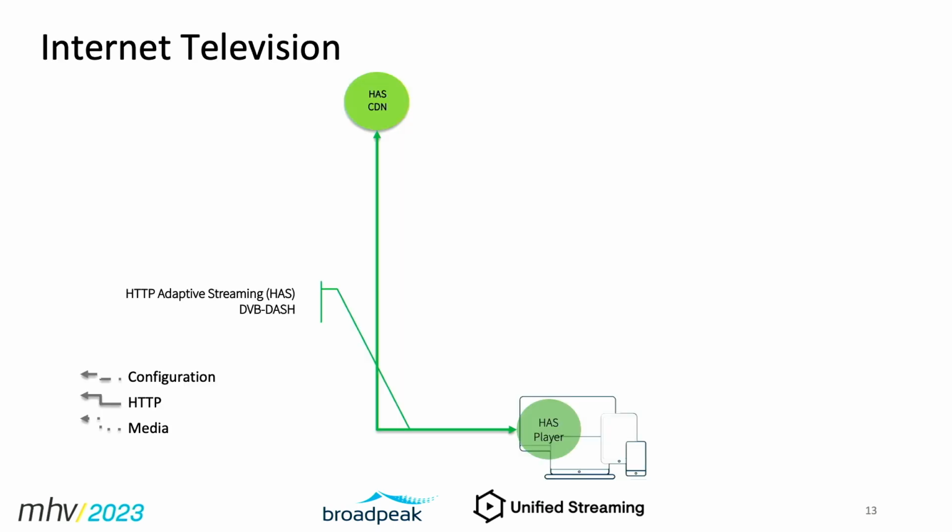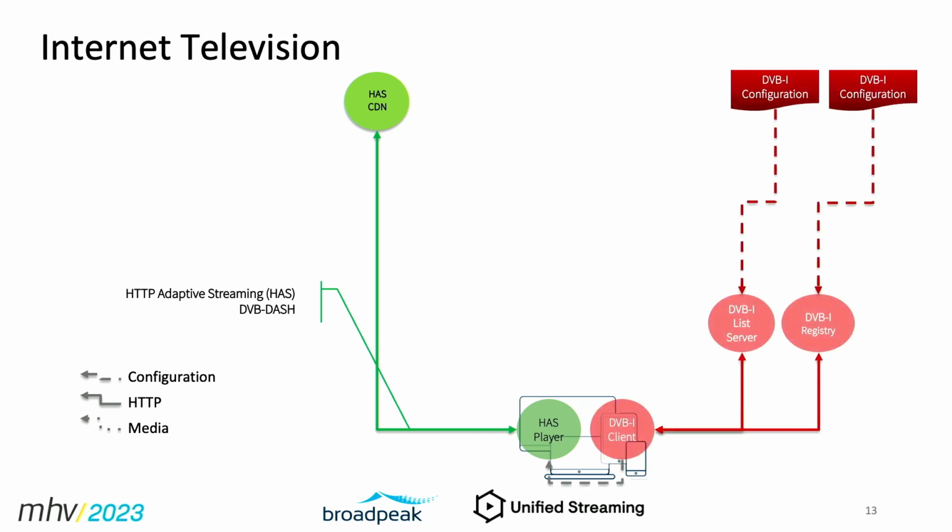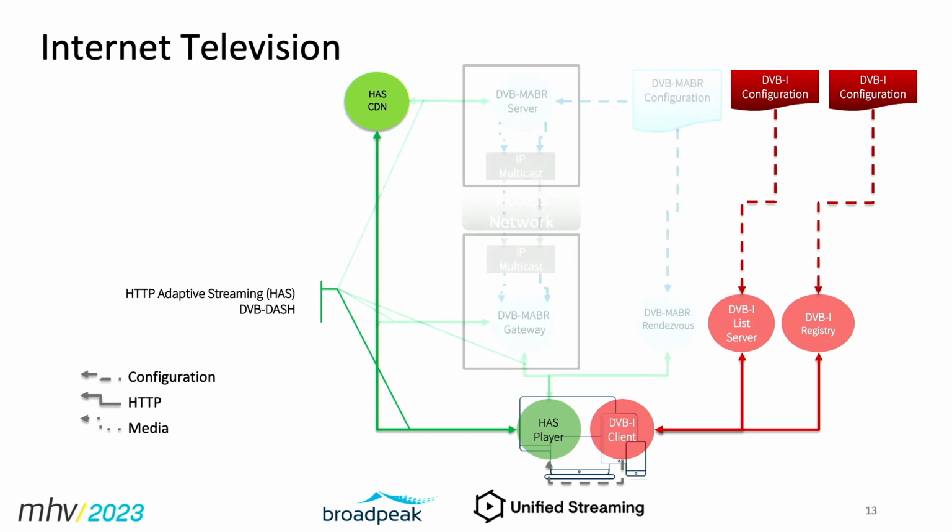So basically, let's see what we have. Internet television is about streaming over DVB, using DVB-DASH, again, a profile of MPEG-DASH. What DVB has added is a spec to discover the service over the Internet through either a DVB-I server, a DVB-I registry, and a DVB-I list server.